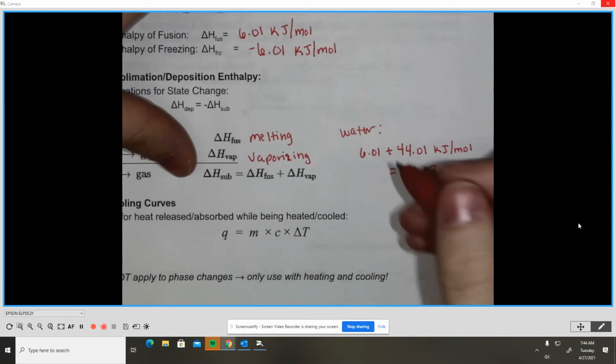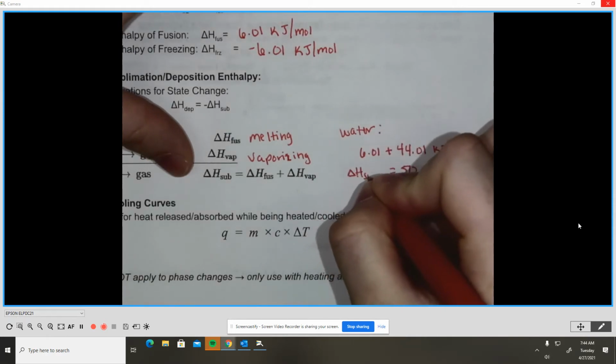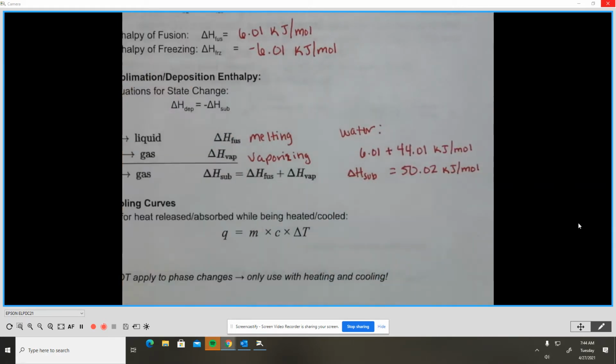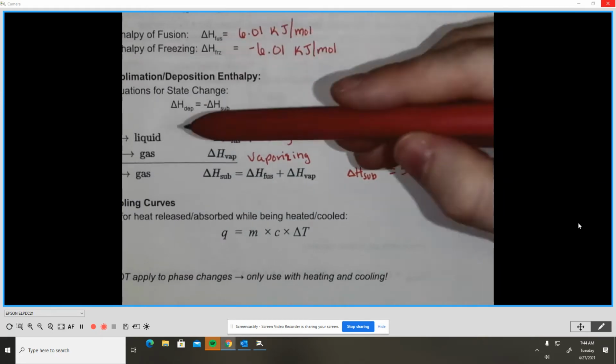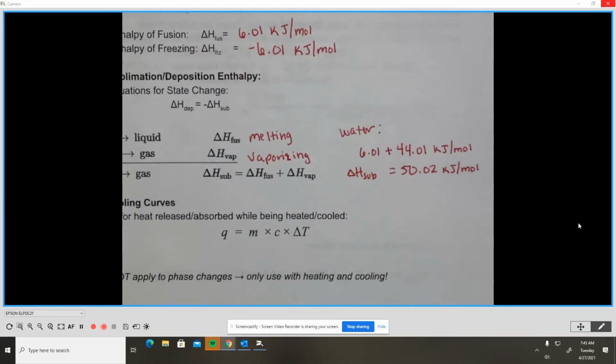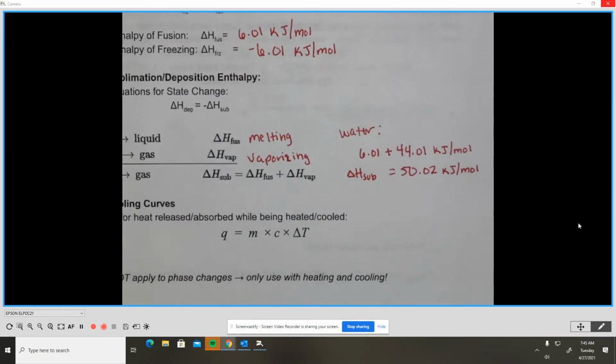That would be our enthalpy of sublimation of water. Obviously, our enthalpy of deposition would just be the negative of that. All right, so that's a little background on heat needed to start or kickstart a phase change. That's all that enthalpy is: how much heat is needed to start that phase change.